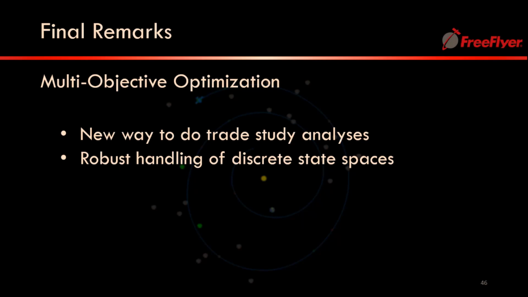So that's all of the material that we have today. In terms of final remarks and recapping, this is a new way to do trade study analyses in FreeFlyer that previously wasn't there.